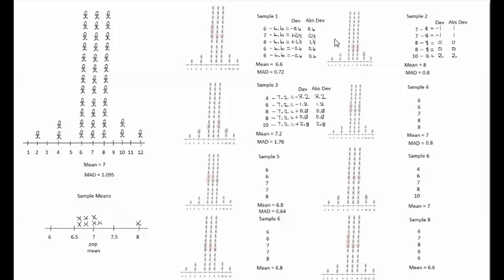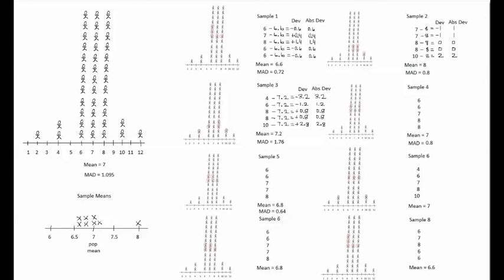Sample 1, sample 2, sample 4, and sample 5 have had pretty low spread, so they've had lower mean absolute deviations. Sample 3 has had the most spread, so it's had the highest mean absolute deviation. I'm just trying to remind you of how the mean absolute deviation goes up when there's more spread.